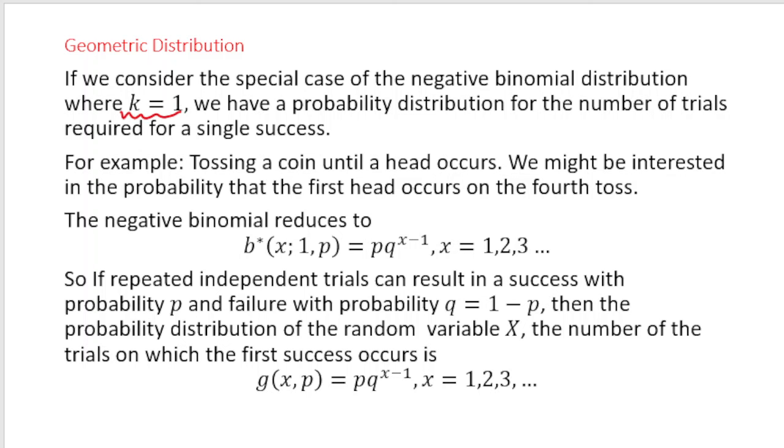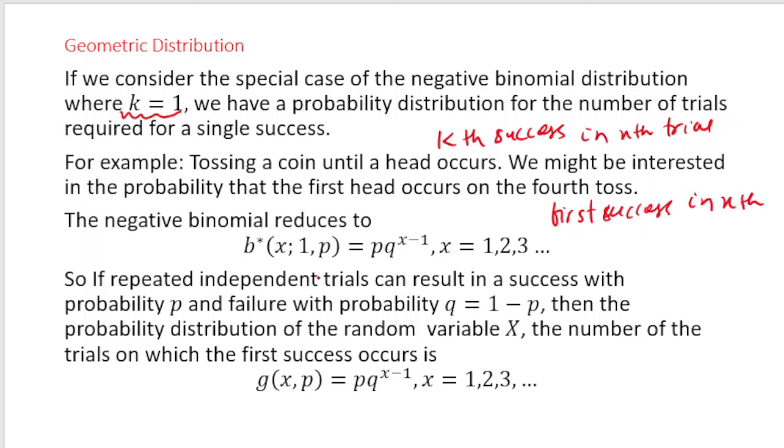So in the negative binomial distribution, I was looking for kth success in xth trial. It sounds slightly tongue twister, right? Because we want kth success in xth trial, but here we just want the first success in xth trial. So we have simplified this. So the negative binomial distribution will change to what?